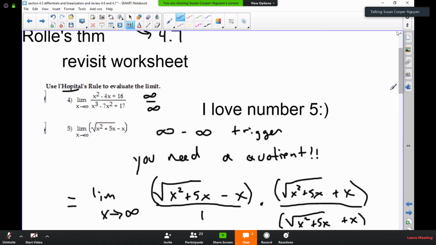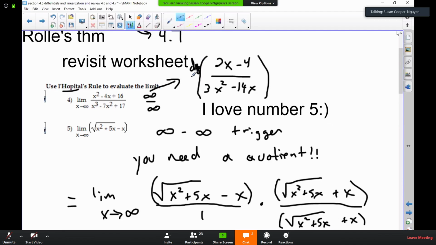So this one is a candidate for L'Hopital's rule. Why? Because you just take the derivative of the top and you get 2x minus 4. And you take the derivative of the bottom, which is 3x squared minus 14x. And then you do it again. And I'm just going to write here d/dx.